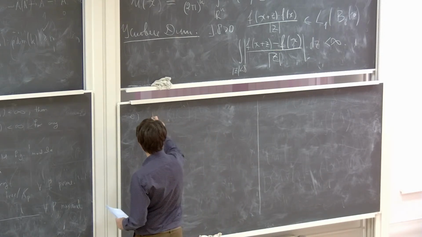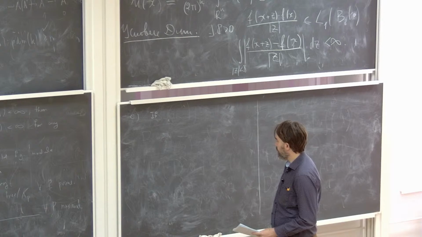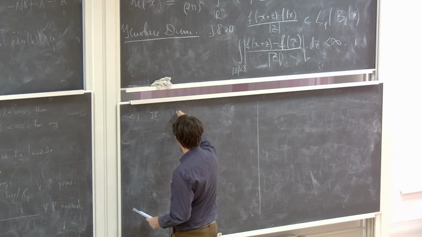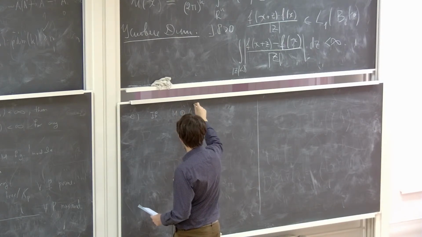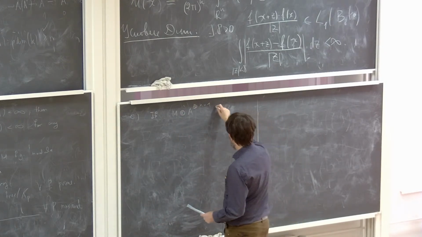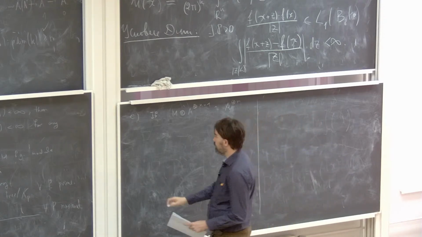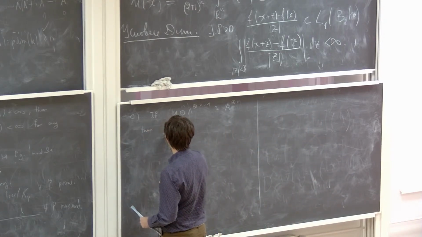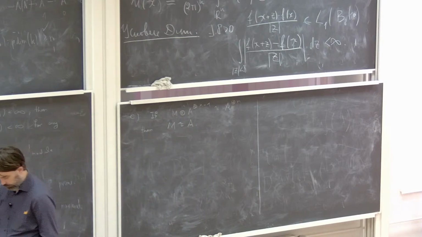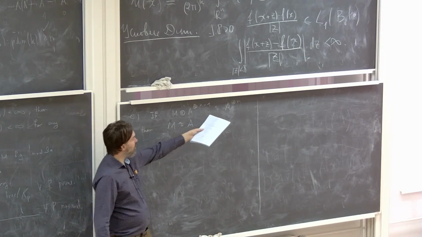is that if I have a module M such that when I add on n minus 1 copies of A, my ring, I get something isomorphic to n copies of A, a free module, then M, in fact, is isomorphic to A. Put differently, suppose I have a module which is generated by n elements.